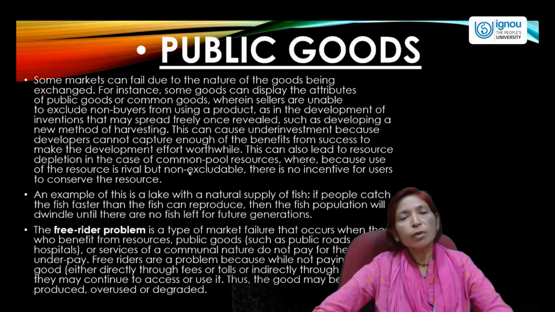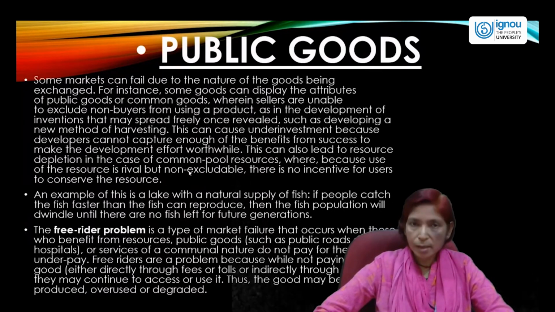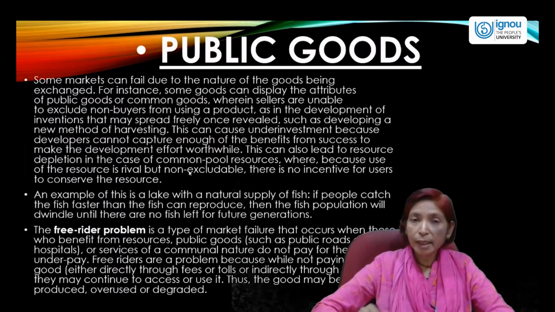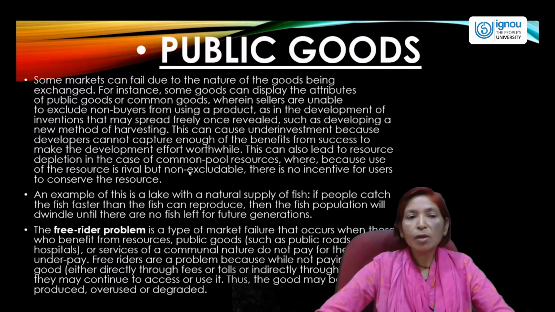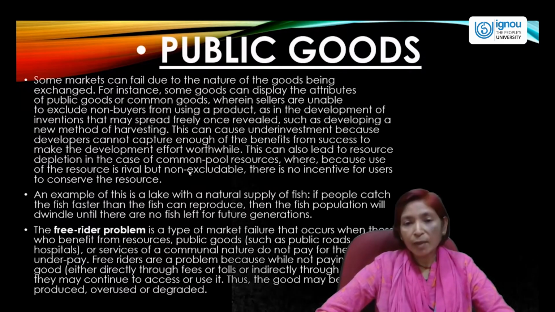This can also lead to resource depletion in the case of common pool resources. Common pool resources create the problem of the tragedy of the commons, where resources are used by all and you can't exclude anyone or make them rivalrous.